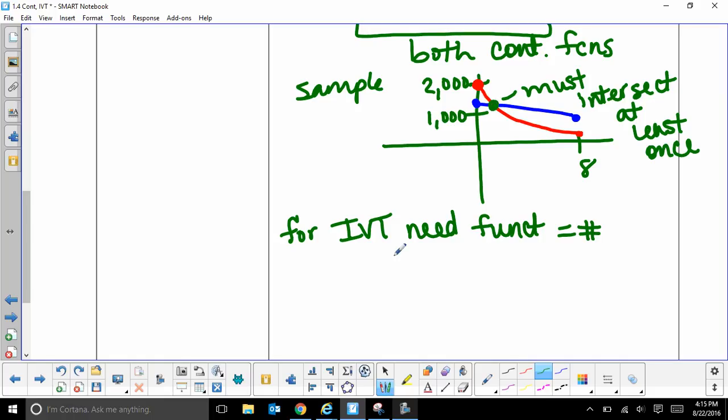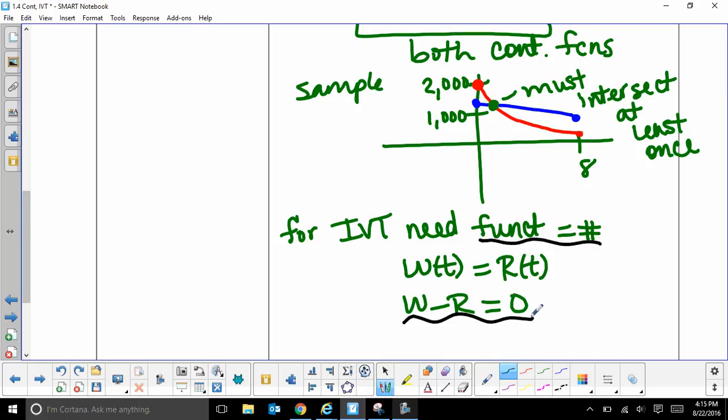Because I basically want to know that sometime W of t, my rate in, and R of t, my rate out, are equal. Well, that means that W minus R has to equal 0, right? And then, aha, you have what you need for IVT. This is going to be your K value that you're trying to show.